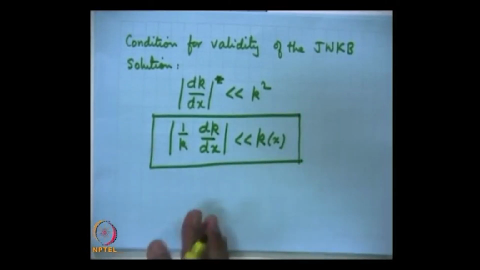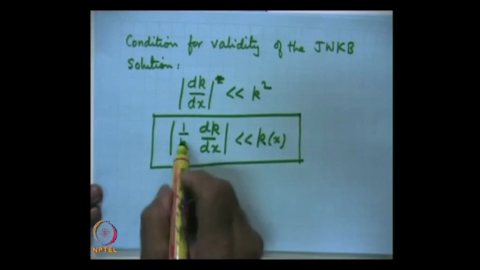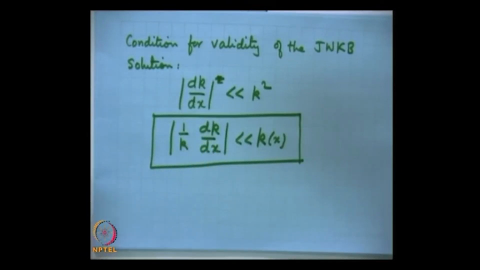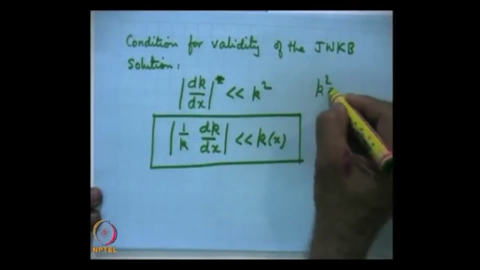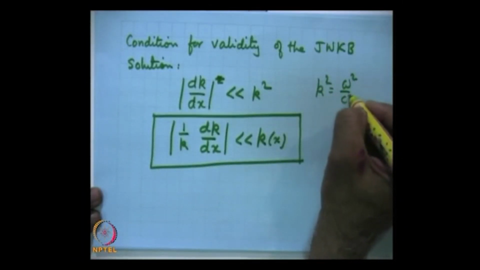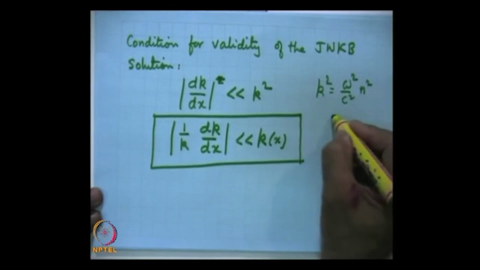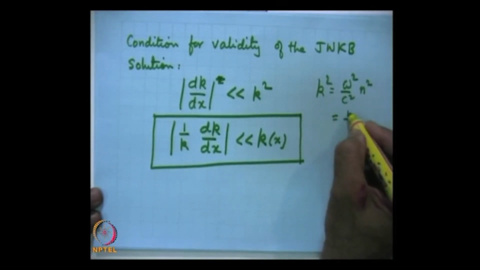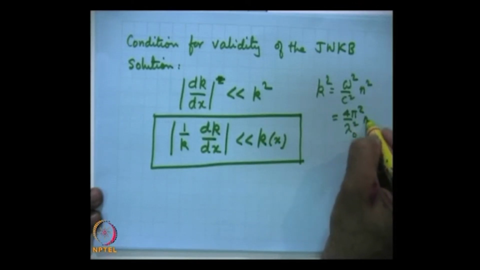That is, k of x should not vary so rapidly that 1 over k dk by dx is greater than k of x. In optics or in electromagnetic theory, when I apply that k square of x is equal to omega square by c square n square of x, and therefore this is equal to 4 pi square by lambda 0 square times n square.